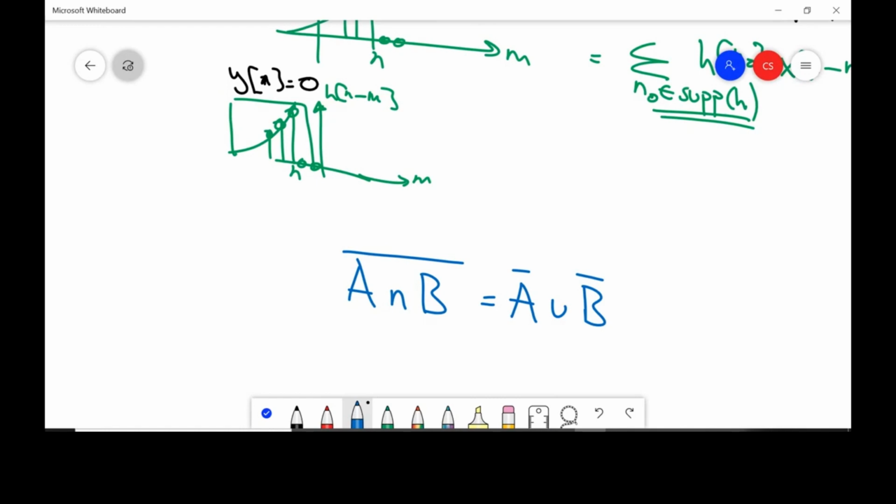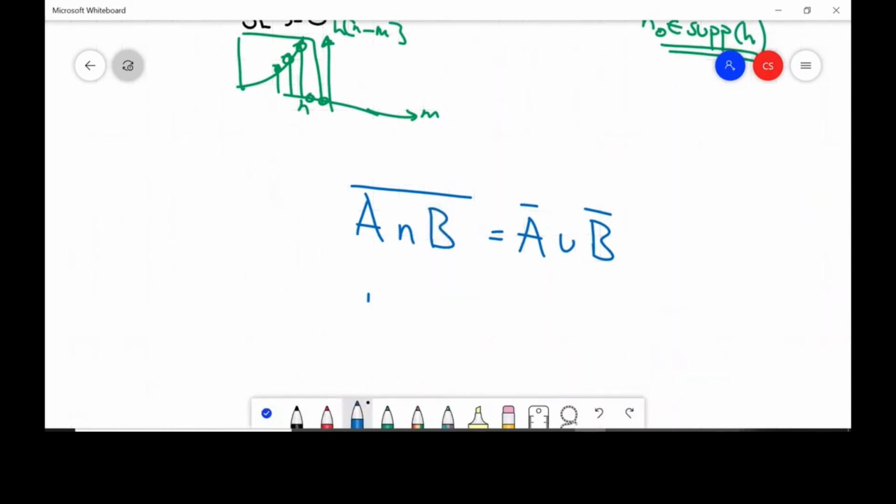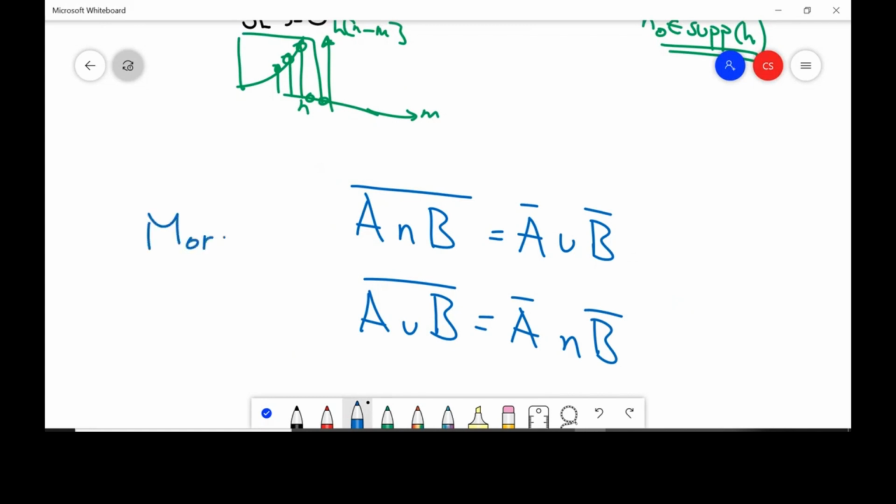Now, what's the name of this guy? Morgan. Yeah. And you have another one that is this. Those are Morgan's laws. So you know this for sets.